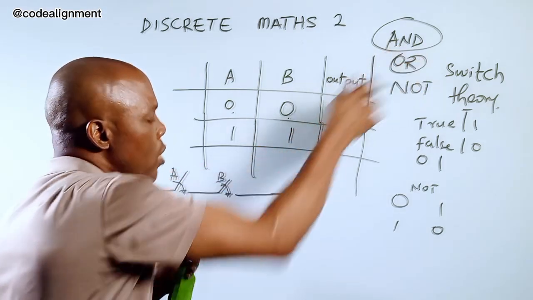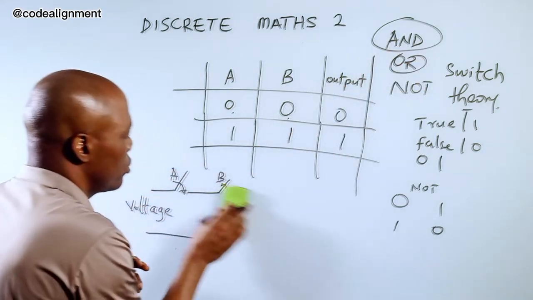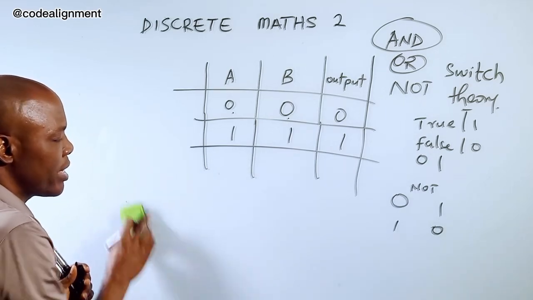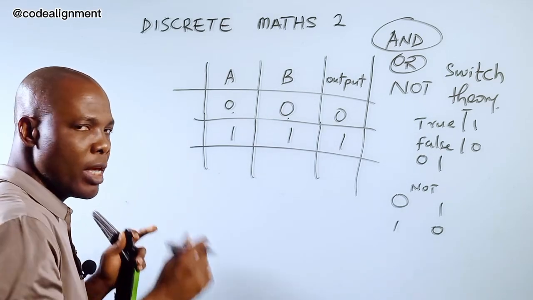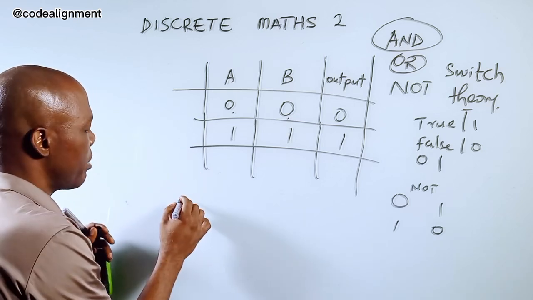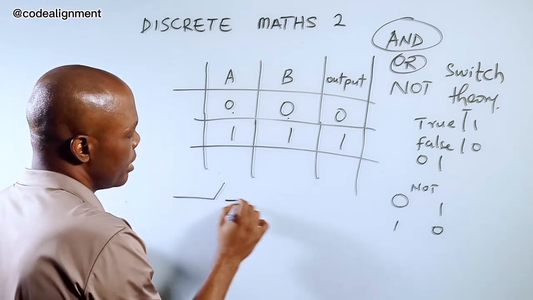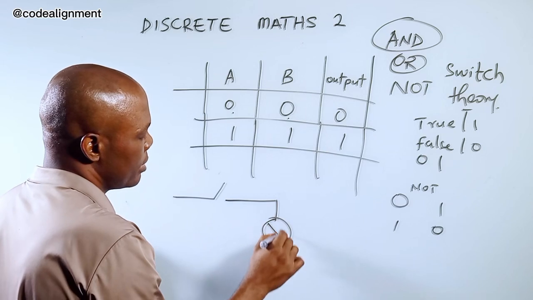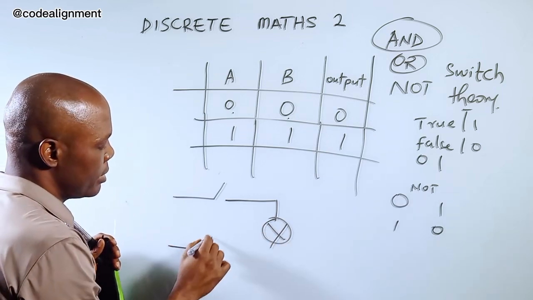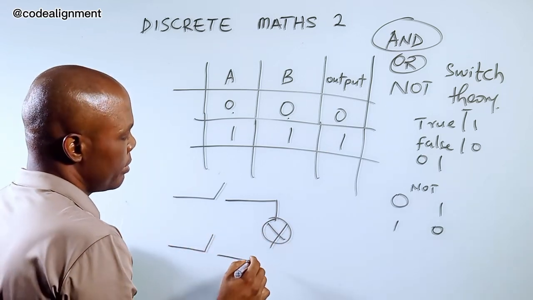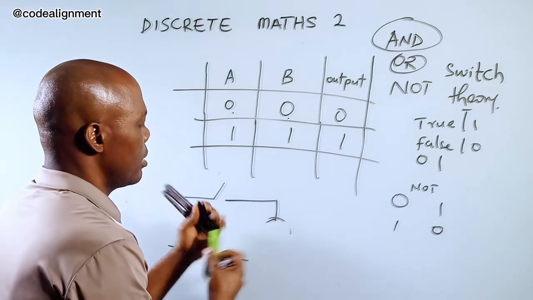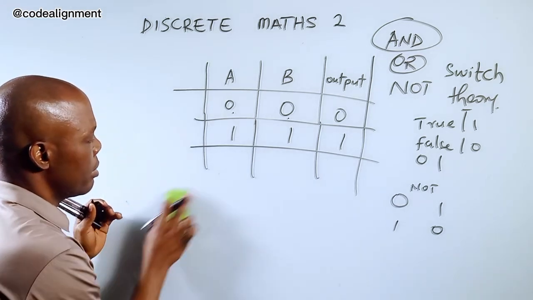Now, for the case of OR, in the case of AND, switches were connected in series. But for the case of OR, switches will be connected in parallel. So I have this, then I have this, right? Then I have this, let me bring it up.